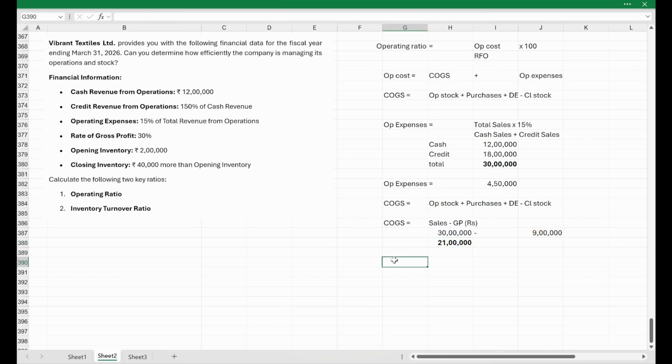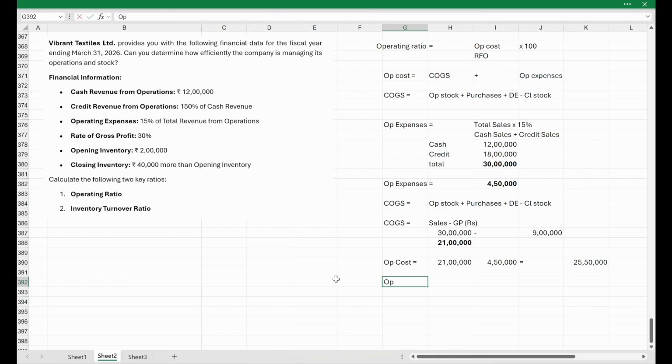Now we have got the operating cost: cost of goods sold plus operating expenses of 4,50,000. So you have total operating cost of 25,50,000.